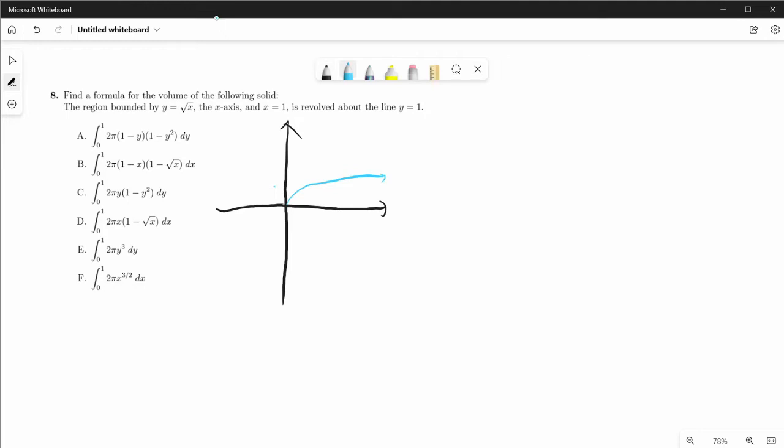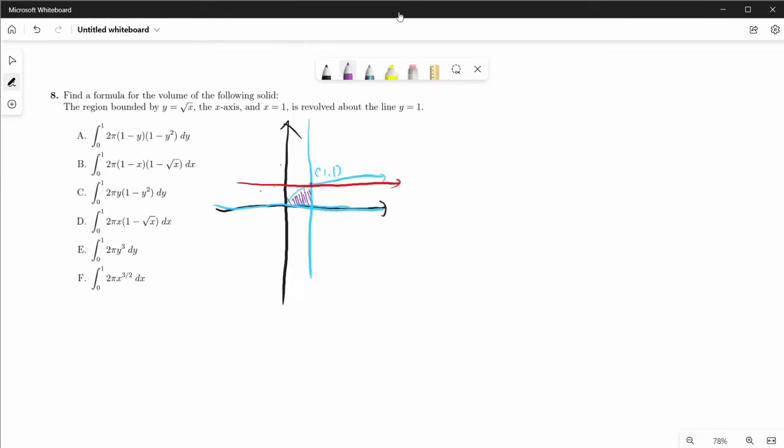We have the x-axis, and x equal to 1, a vertical line which meets the square root curve at 1. Then all of this is revolved about the line y equal to 1. So all of these meet right there, and it would be this area.